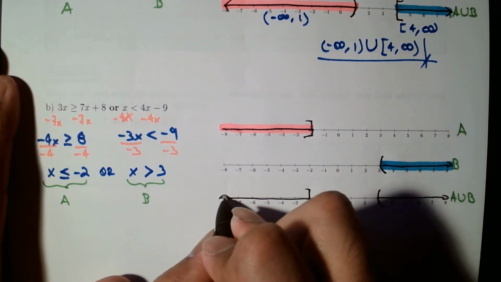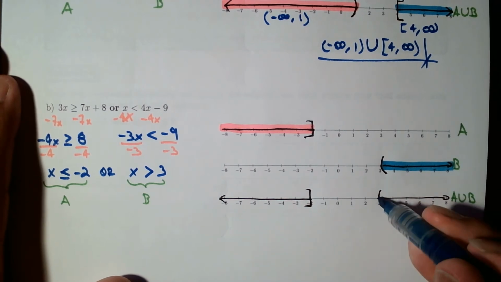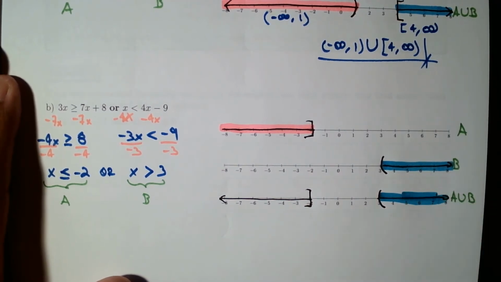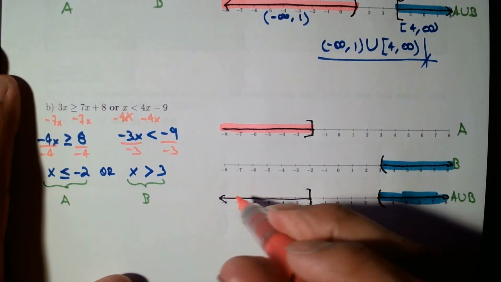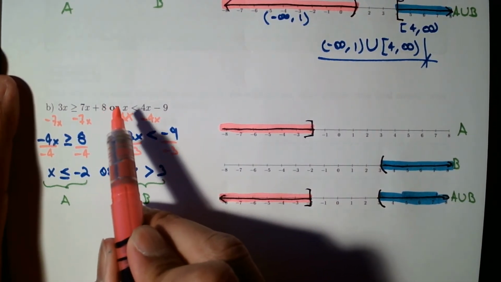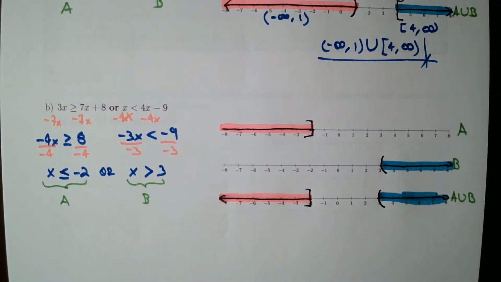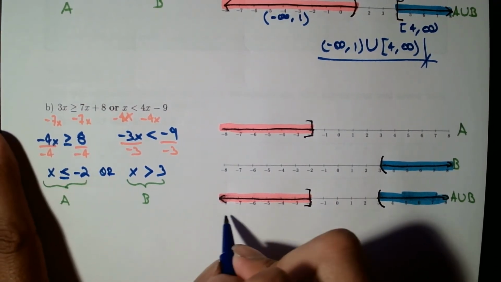And just like we did in the previous example, we're going to look for the union of these two sets. Notice we're not looking for overlaps. Recall that OR implies union, and union does not imply overlap. All right, so let's see. In this case, let's use intervals to represent each of these two.